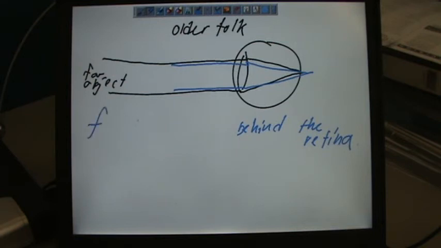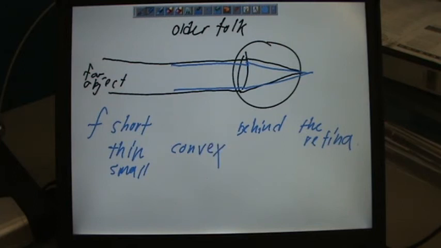Nelson is near, opposite is far, and L is long, so we make this short. It's in the realm of all small things: short eyeball, small eyeball, and thin lens. So you have this, and then you have a convex lens to overcome it.